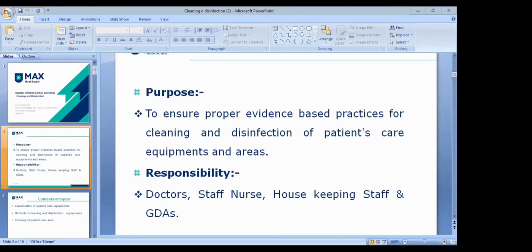When we come to methods of cleaning and disinfection of equipments, as I've already told, in case of non-critical we would be using a 70% alcohol rub, like for thermometers we need to clean, or any spatula which is not going inside, we can clean it with that. Semi-critical, we usually use the high-level disinfectant solution, that is OPA, usually 2% glutaraldehyde solution. Again, it needs to be monitored for 14 days.